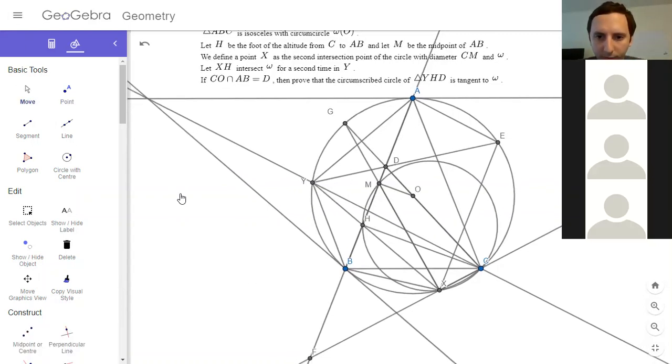How can we show that? We could project through X. Let's see. I keep forgetting how we define X.